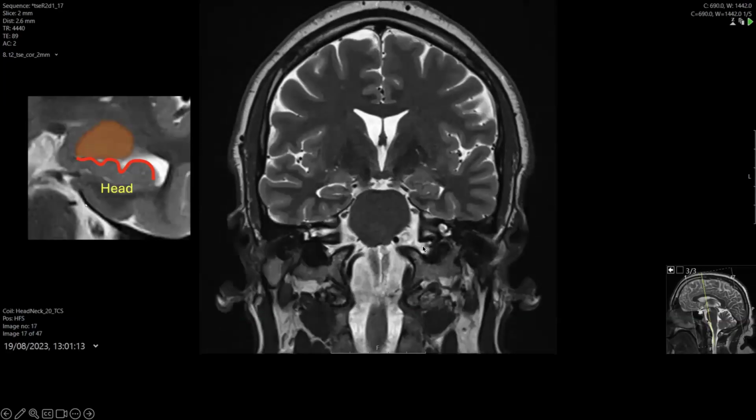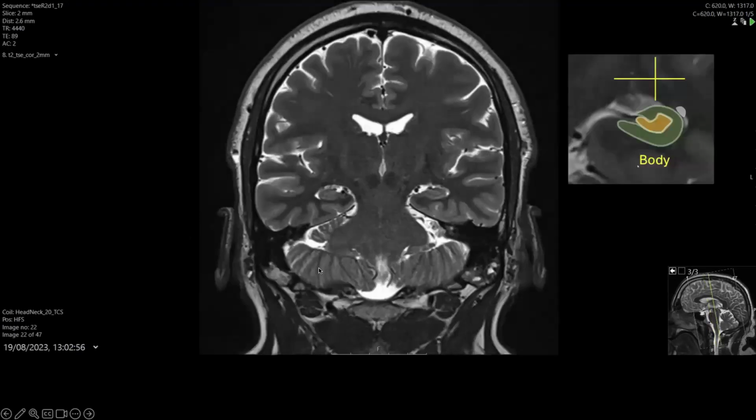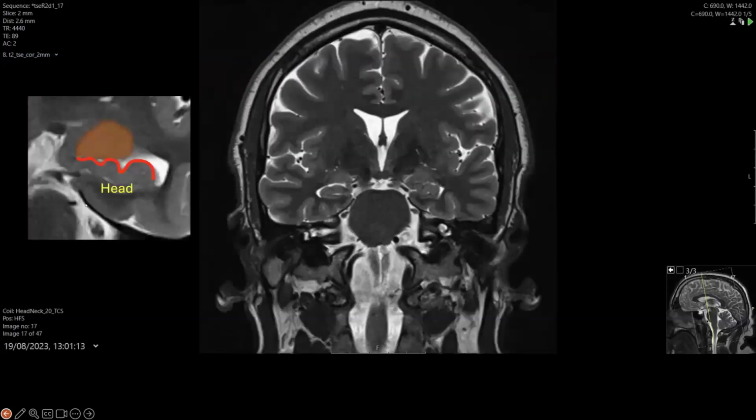Let's say slightly back. This is where I would expect the hippocampal head properly, to be honest with you. Let's focus on the left hippocampus particularly. You can see the head looks like 2 to 3 pumps from medial to lateral.